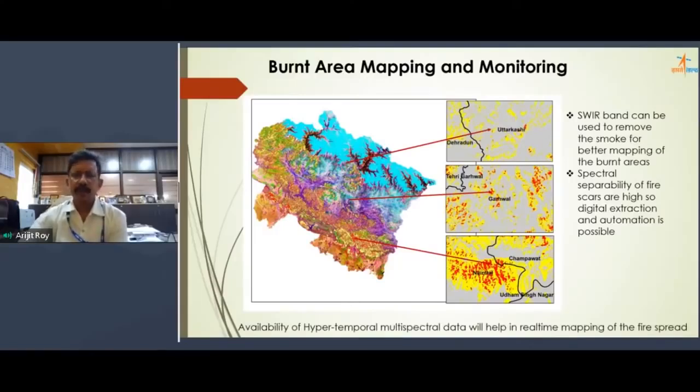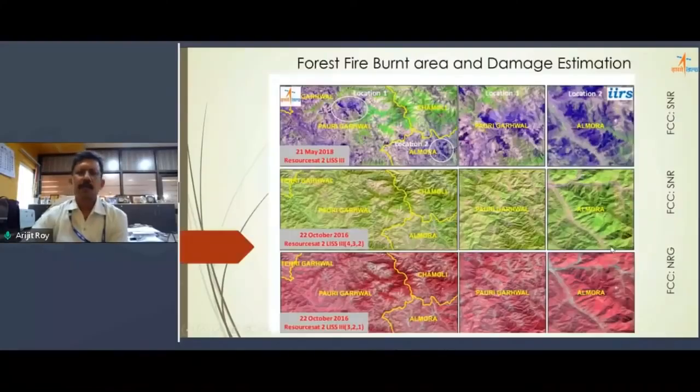So as you see in the next slide, here we have an area near Almora. You can see the same area in 2018 and the same area previous to the burning in 2016 October.